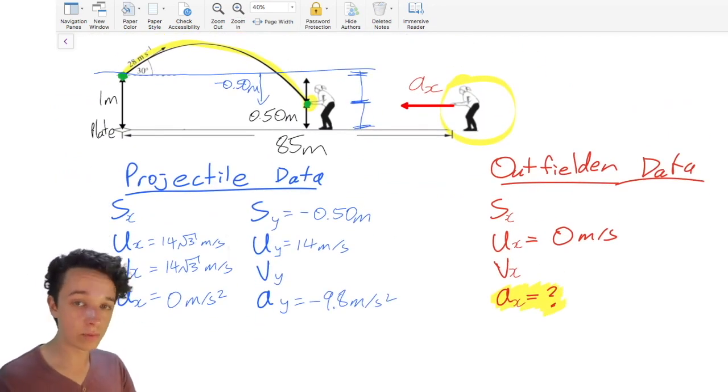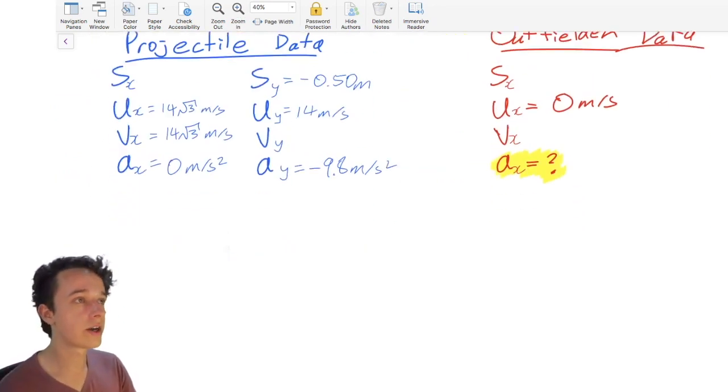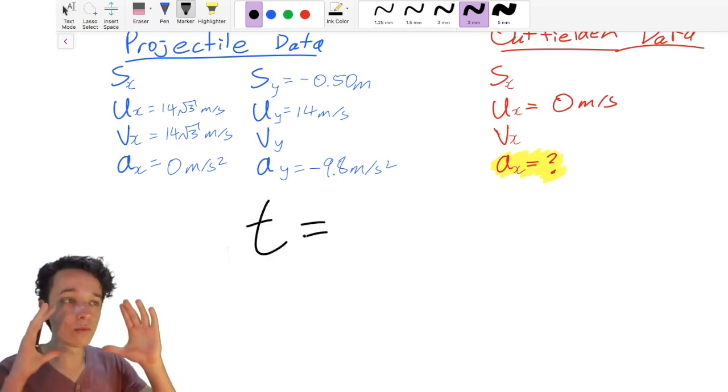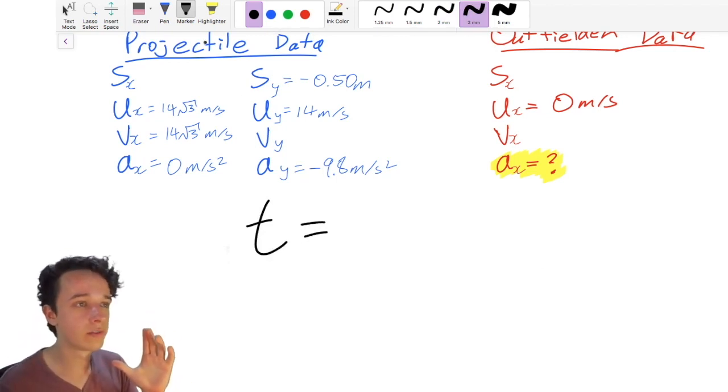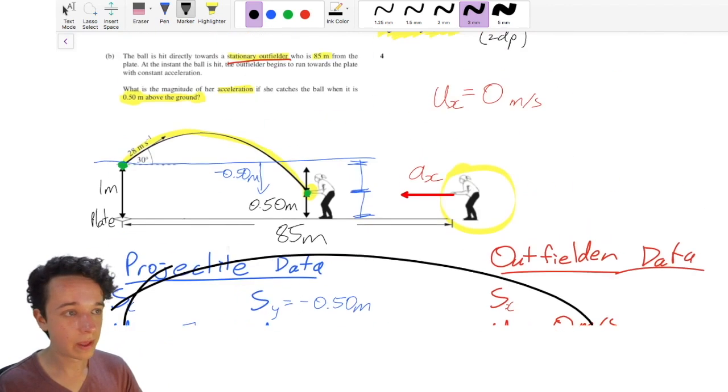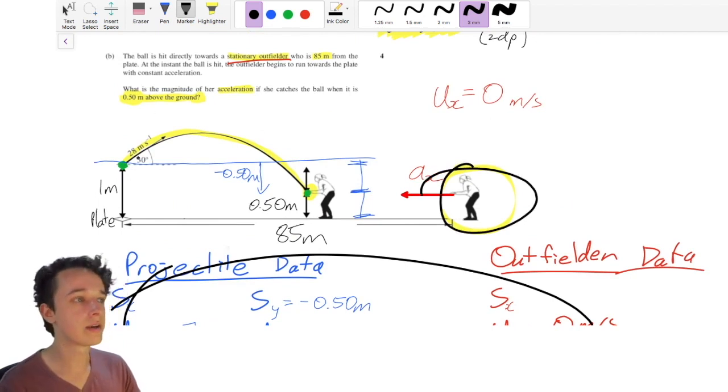Well, one thing that I haven't written yet is time. And time is the variable that really relates these two pieces of data together with each other, right? And why is that? Well, the time that the person starts running is the same as the time at which the projectile is launched.